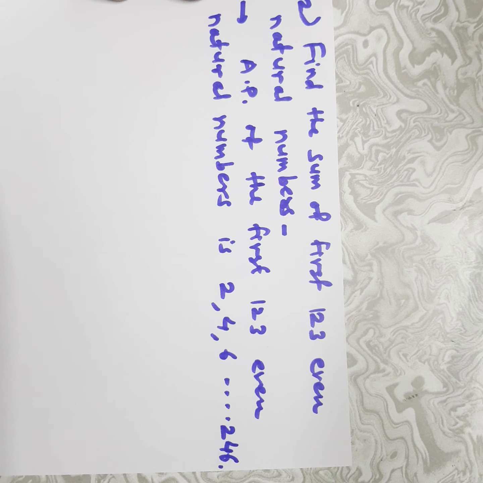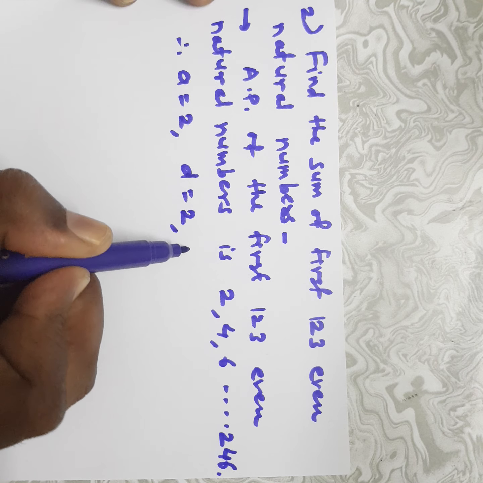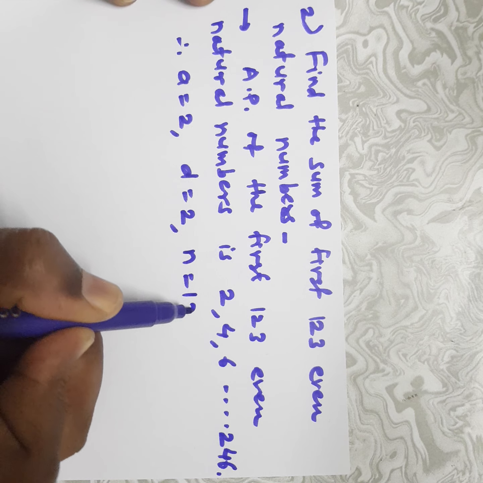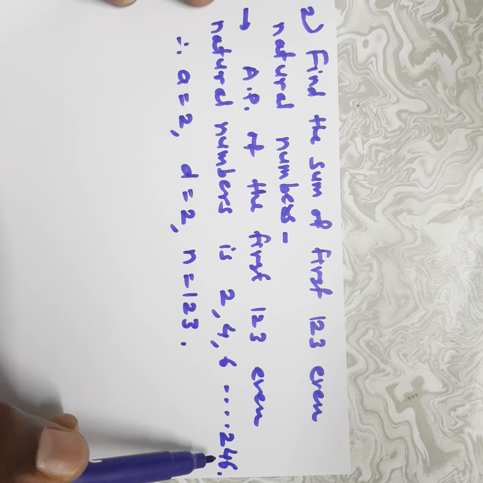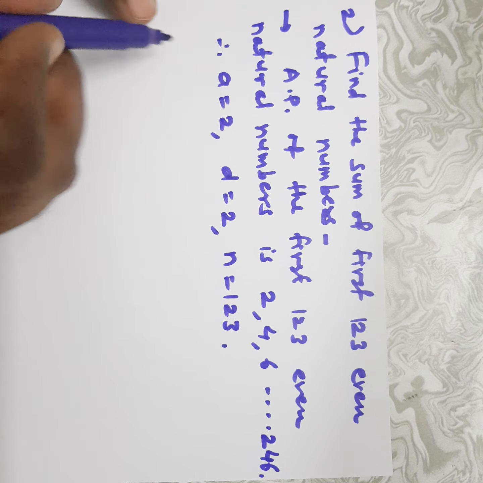Therefore a is equal to 2, d is also equal to 2, and n is equal to 123, that is the 123rd even natural number is 246.